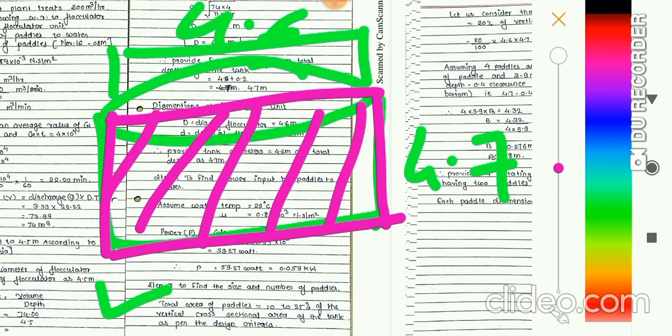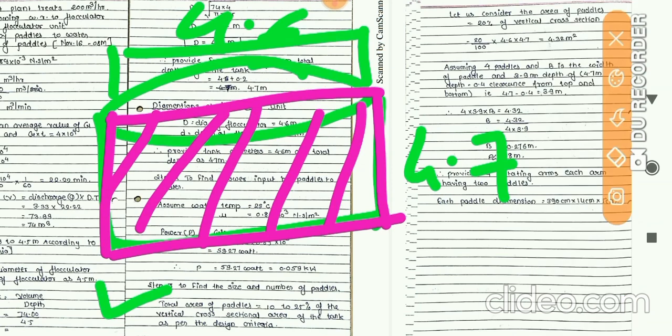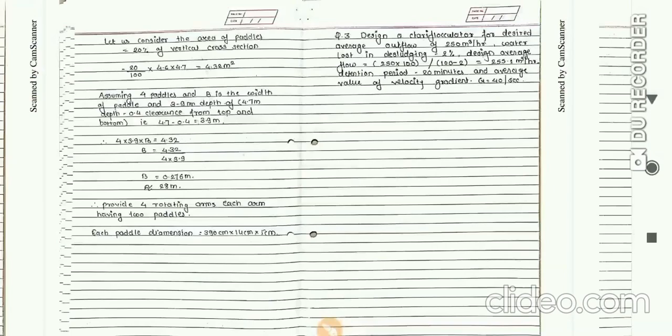We have to take 20% of this vertical cross sectional area, which will be the area of the paddles. So 20 divided by 100 into 4.6 into 4.7 is equal to 4.32 meter square. It will be the area allowed for the paddles.